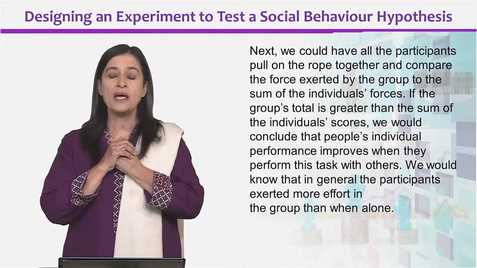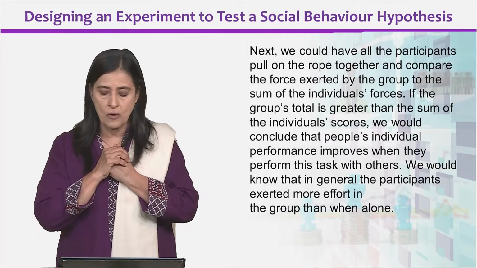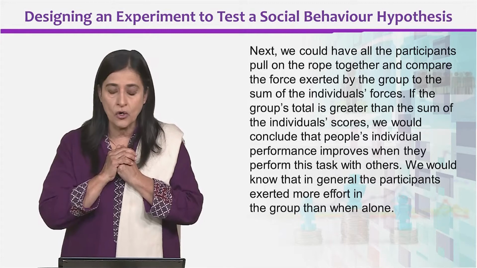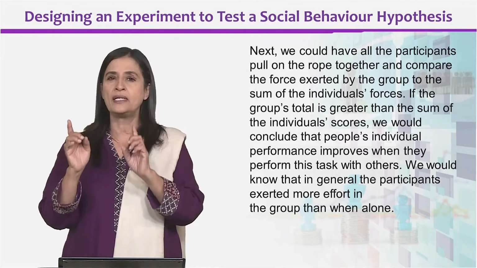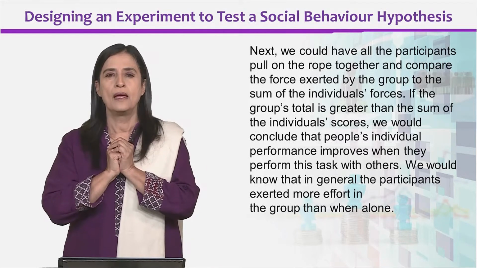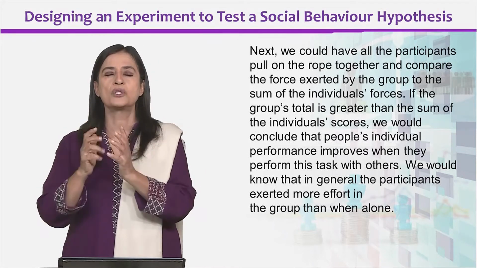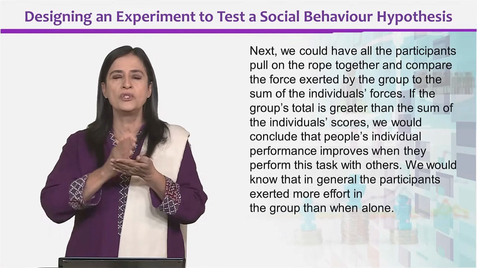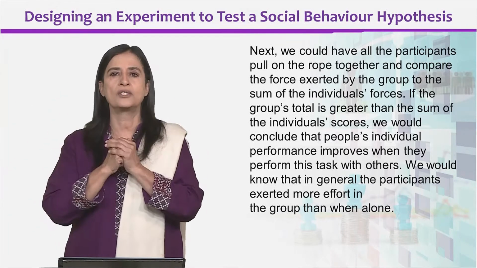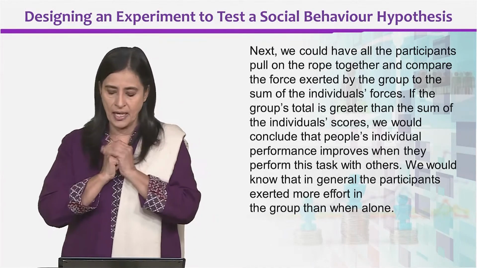Next, we could have all the participants pull on the rope together and compare the force exerted by the group to the sum of the individual forces. Sum यानी total. अब जो वो फोर्स उसमें शो हो रही है वो इंडिविजुअल की फोर्स को अगर 1 + 2 + 3 जमा कर दिया जाए तो क्या वो उसके बराबर है.